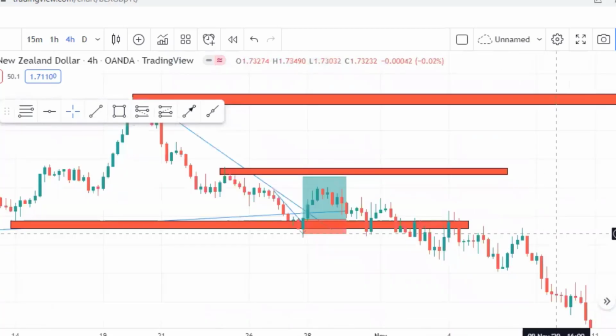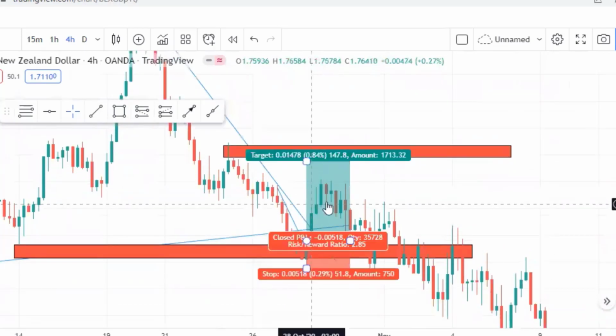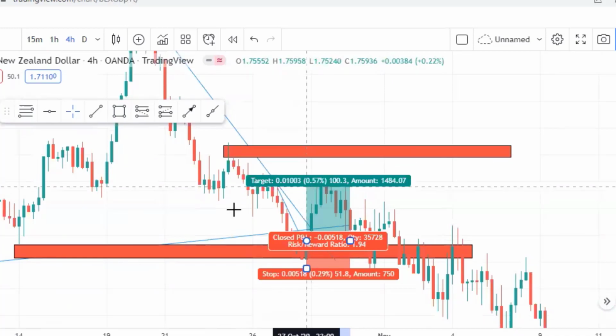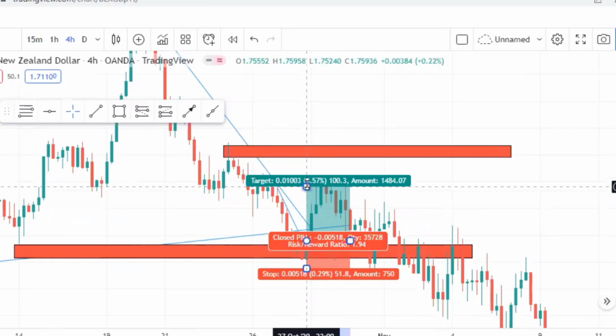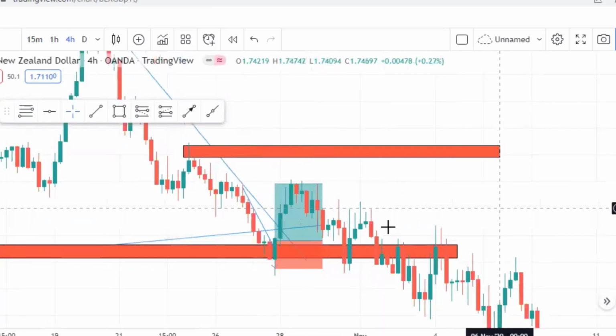All right, so as you can see, the market actually put us in profit, of up to 2 risk to reward.